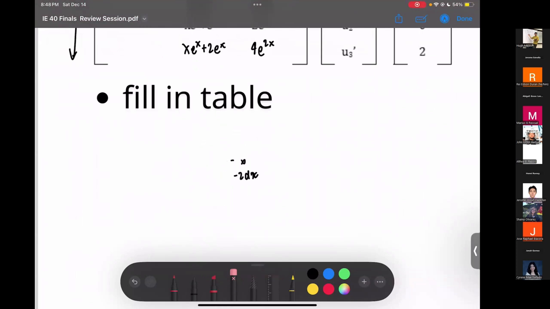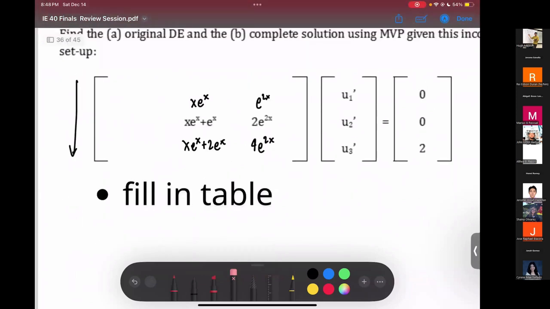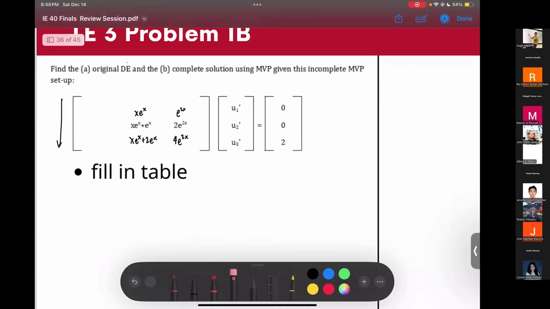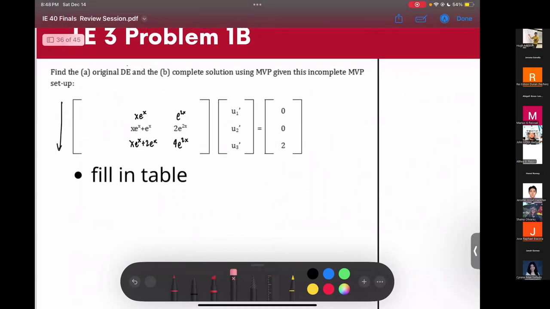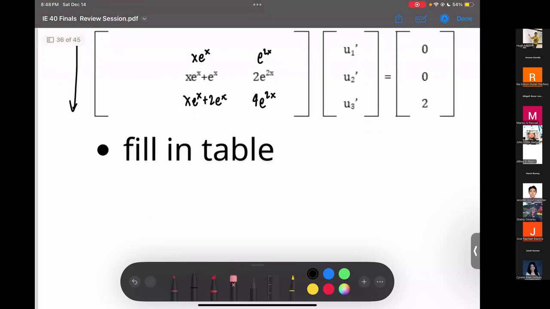But what is the first row? What is the first column? Let's think about this by figuring out what the main solution is. The structure of repeated roots is as follows.